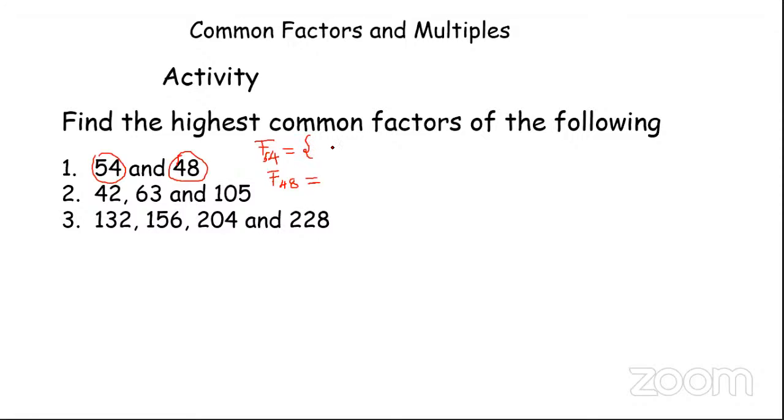The highest common factors of 54 are 2, 3, 3, and 3. Then what? 2, 3. Come again. 3.